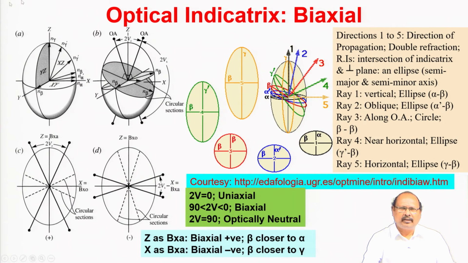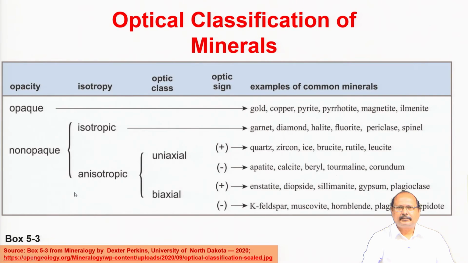What is the principal section of the indicatrix? It is where the two optic axes will be, that is essentially your XZ plane of the indicatrix. That is also called the optic axial plane, and the direction which is perpendicular to the optic axial plane we call the optic normal, that is your Y vibration direction.